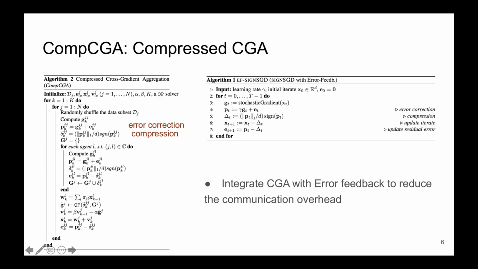And also here is the error between the compressed gradient and the non-compressed gradient, e_ij, and we use this error to do the error correction. And this for loop is also used to calculate the cross gradient and do the compression and error correction. So this is the compressed CGA.